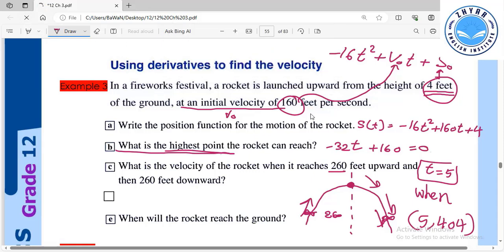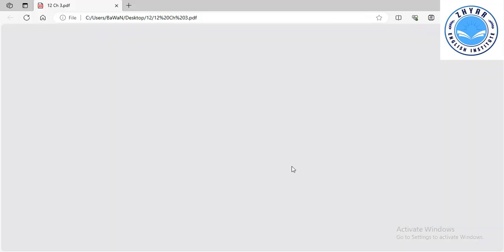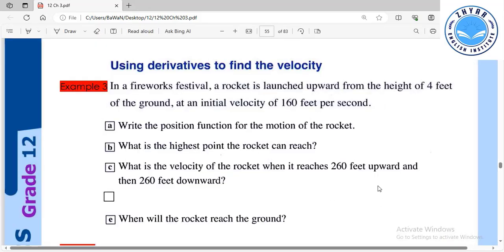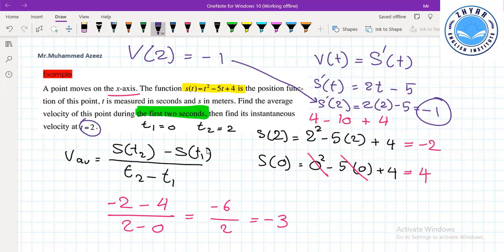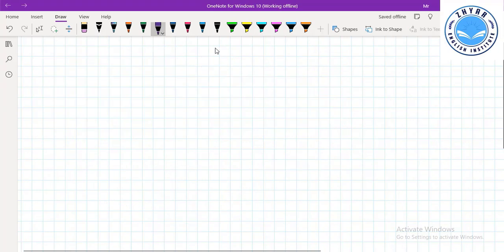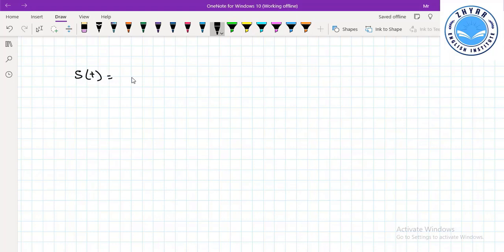Let's remove these. And start. Let's do this one here. The s of t was like this: s of t equal to negative 16t squared plus initial velocity 160t plus 4.